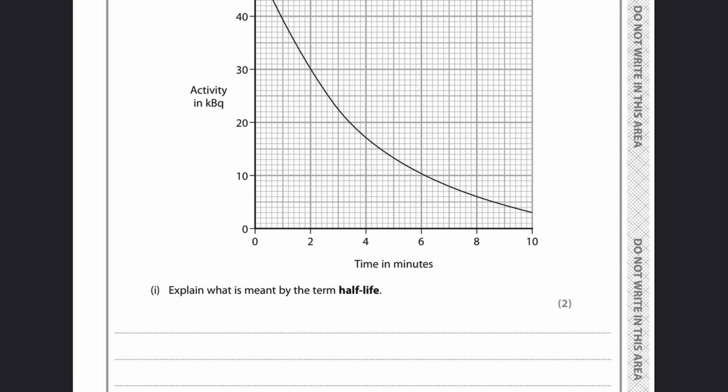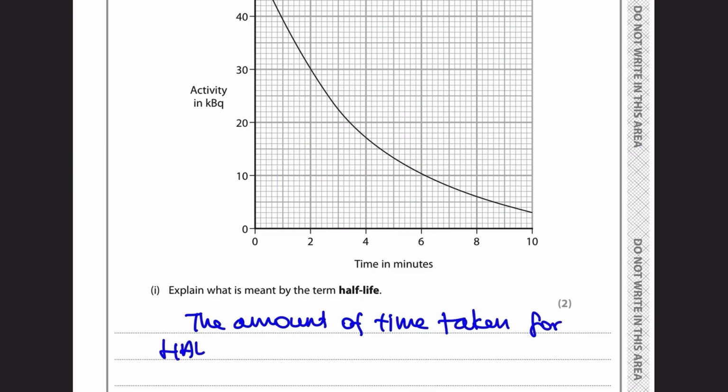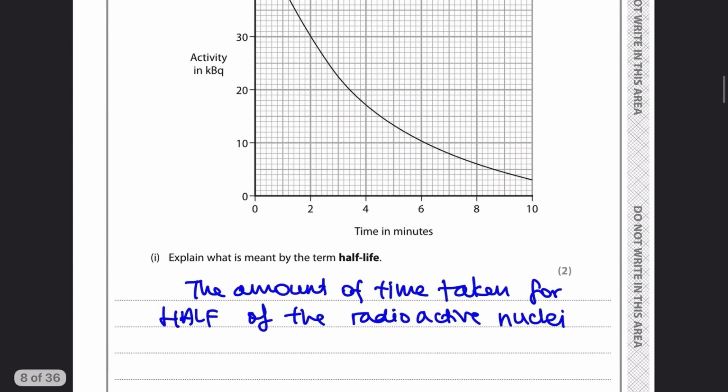Definition is the amount of time taken for half of the radioactive nuclei to decay.